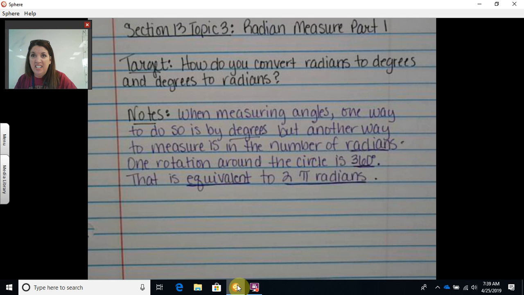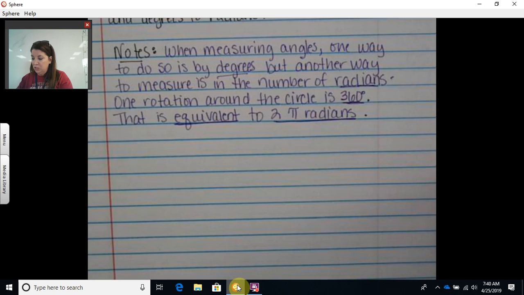Do y'all know what a radian is? You know what a radius is, right? In a unit circle, how long is the radius? What's the distance of each radius? 1. Okay. So what a radian is, if you can imagine, here I have a little unit circle.